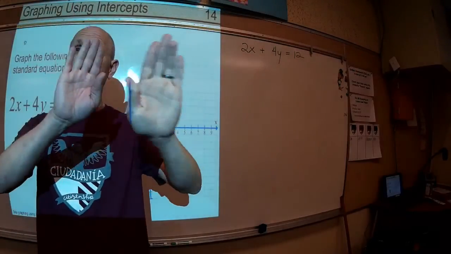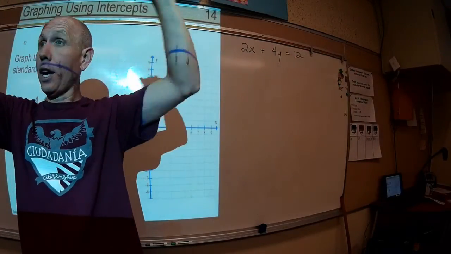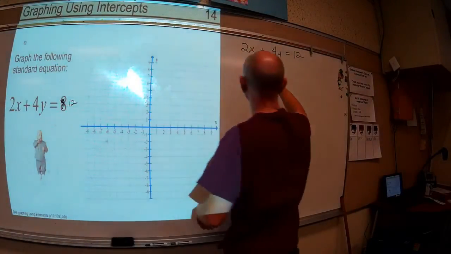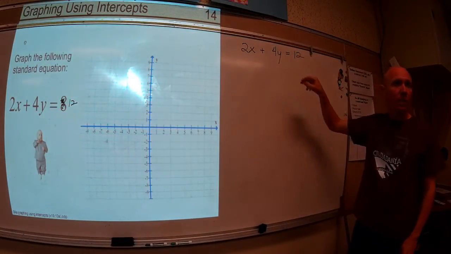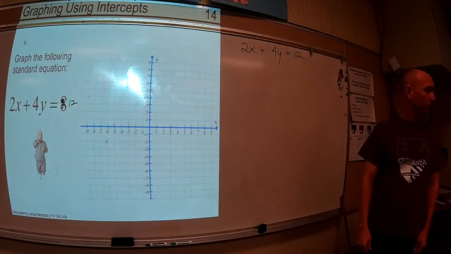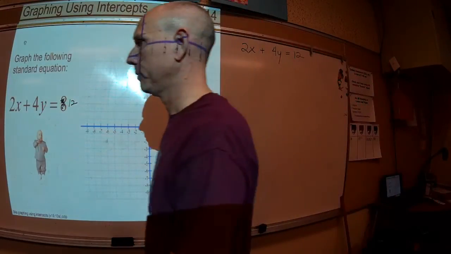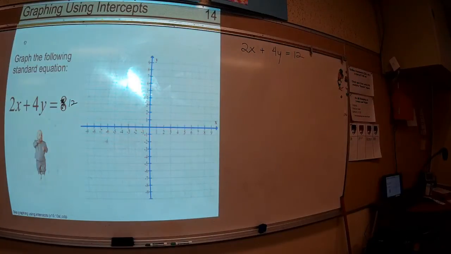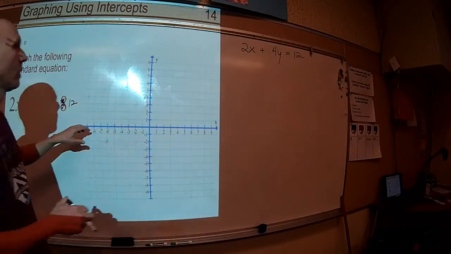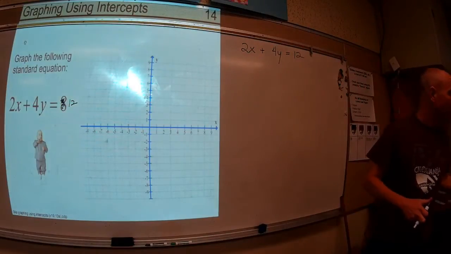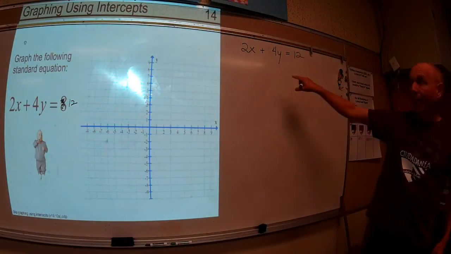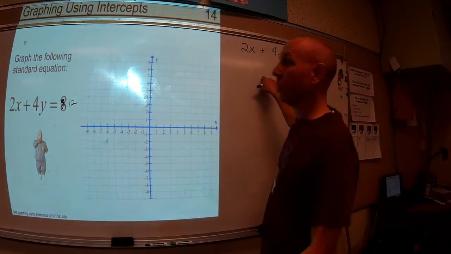In the box next to it, at the top of the box, write down this equation. We're about to graph this equation. Two x plus 4y equals 12. Here's how we're going to do this. Underneath this, write the following. These are your notes.